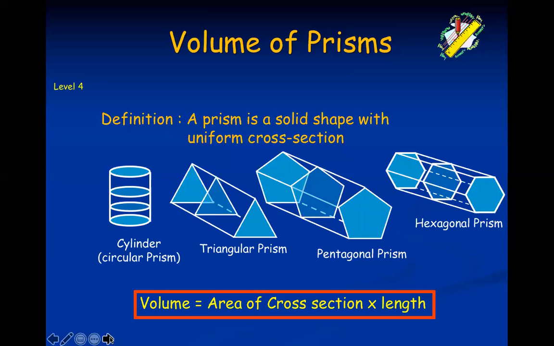The formula to remember, when you calculate the volume of any prism, is that you need to calculate the area of the cross section and you times it by the length. In our case here, the length for the cylinder is that height there.